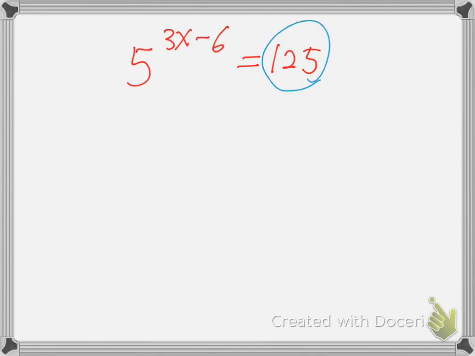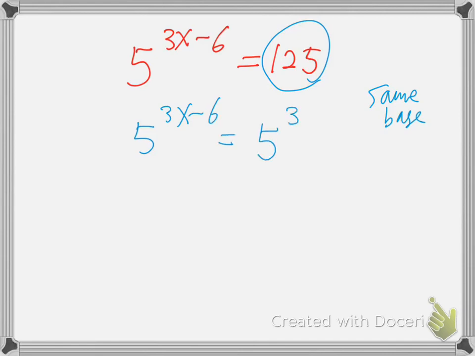So the next example is a little bit harder. 5 to the 3x minus 6 power is 125. We want to solve for x. First you have to change this part to a power of 5. We need the same base. 125 is 5 cubed, so 5 to the 3x minus 6 power is 5 cubed.